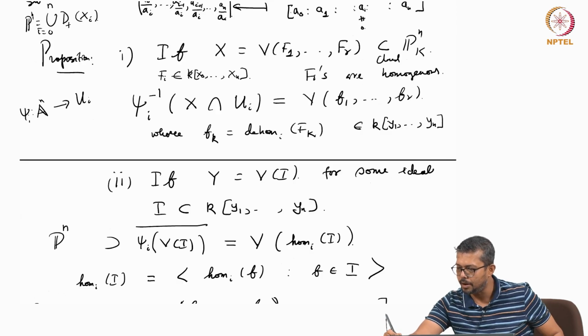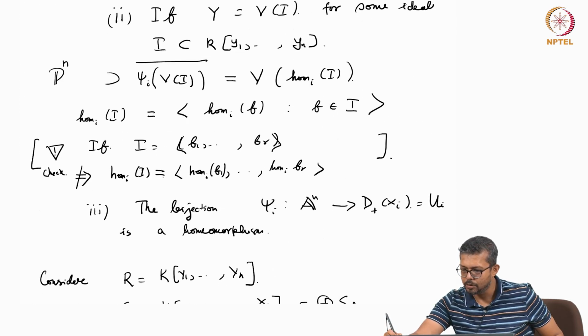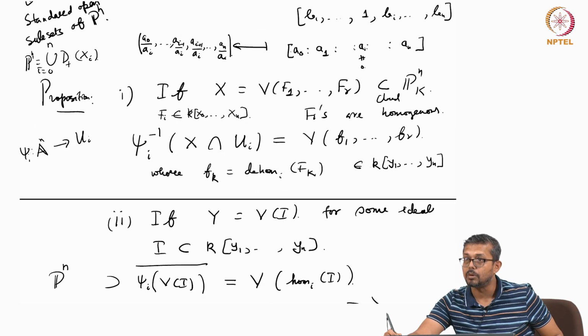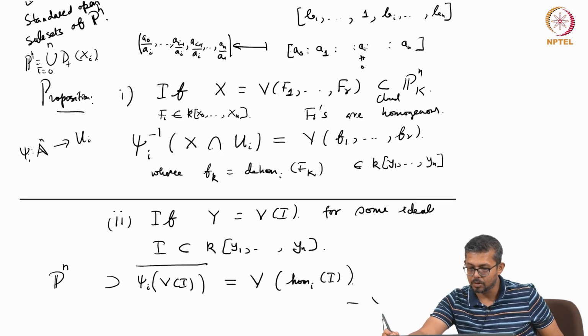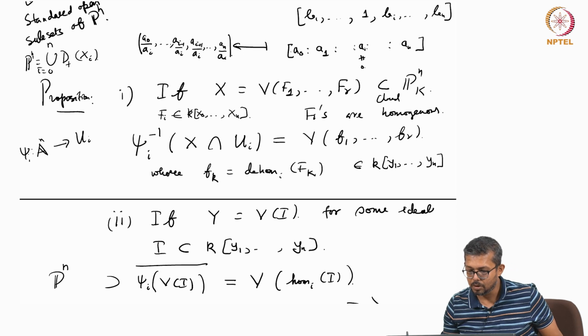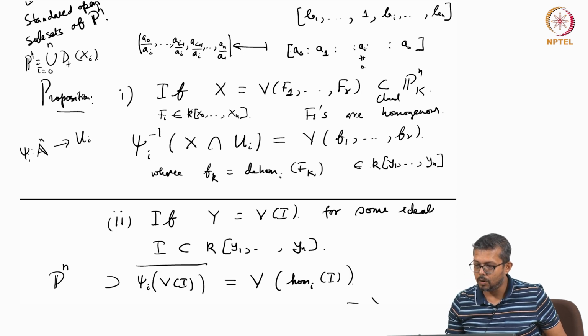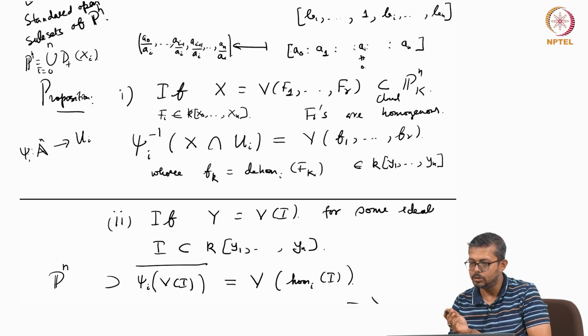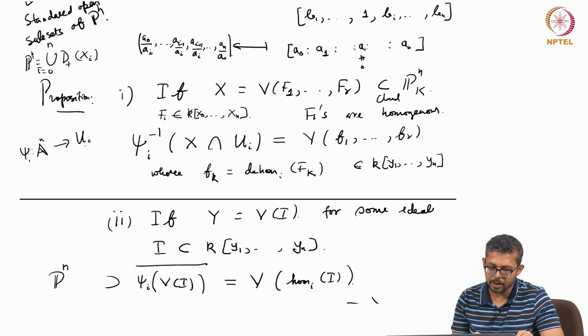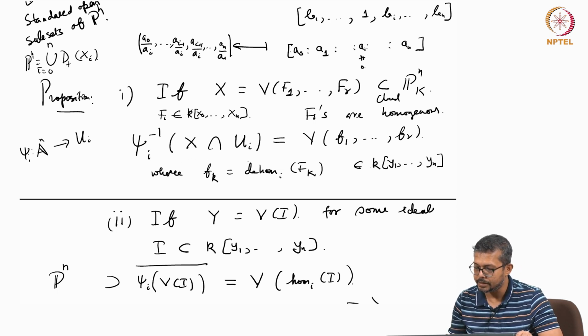So it says that if you take an algebraic closed subset X in Pn, then you have this map psi i, which is a map from An to Ui. Then psi i inverse of X intersection Ui can be written as a closed subset in An.